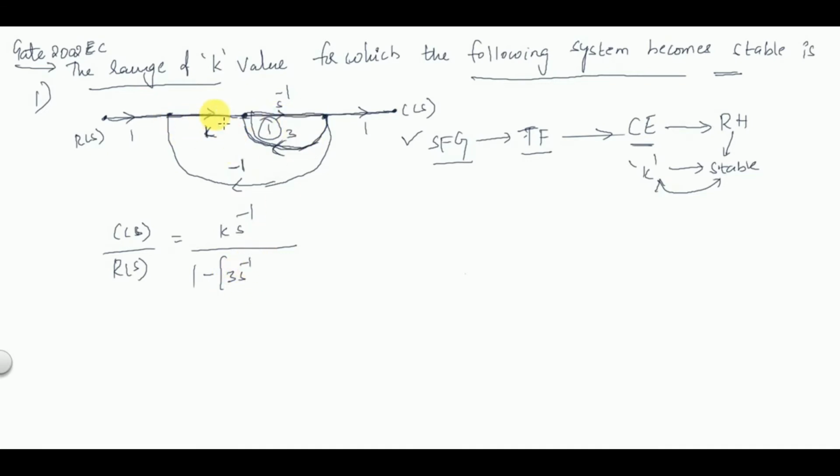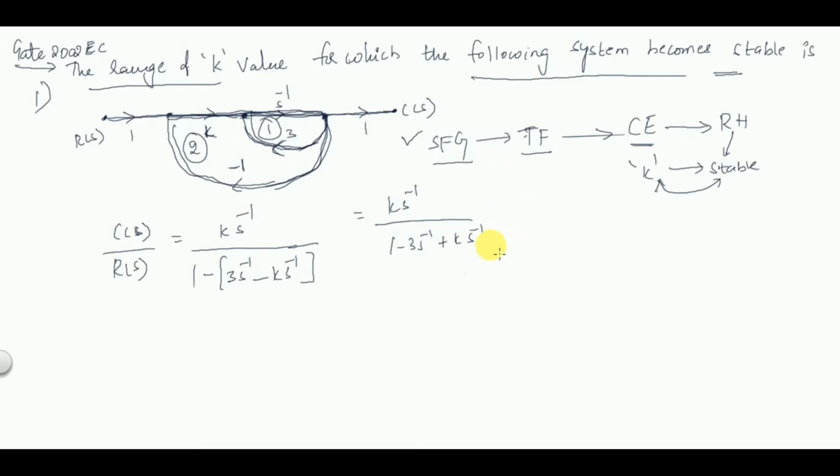The second loop is this total one, so k into S inverse into minus 1, which is minus k S inverse. So the transfer function is k into S inverse divided by 1 minus 3 S inverse plus k into S inverse.